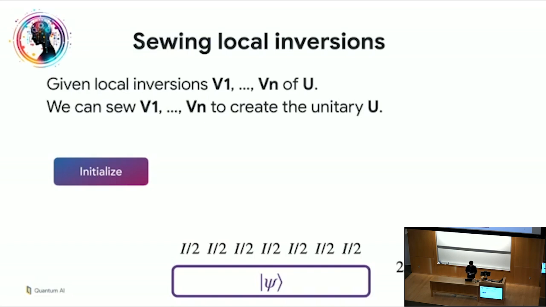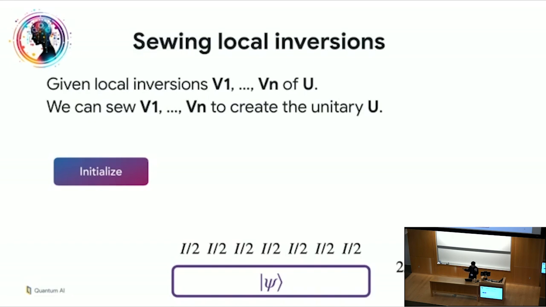Basically, one can understand it intuitively like this: in the shallow quantum circuit case, these local inversions only act on a few qubits. Some of them act around here and some of them act in different places. Now what we would like is a procedure that allows us to bind them together to create this global n-qubit unitary.